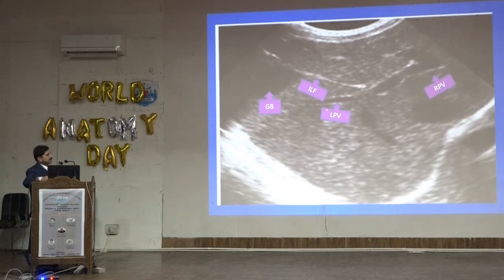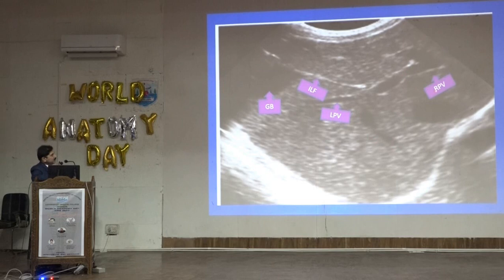We can differentiate between the two, because the walls of the portal vein are hyperechogenic, as compared to the hepatic veins, which are hypoechogenic, since the wall thickness is more. Again, the composition or anatomy of the tissues comes into play, which helps us differentiate between the walls of the gallbladder, the portal vein and the hepatic vein.